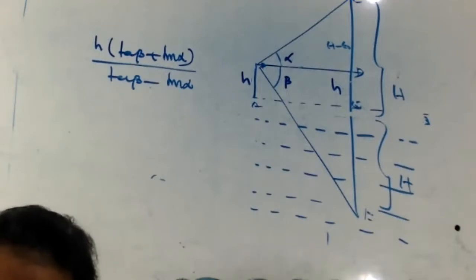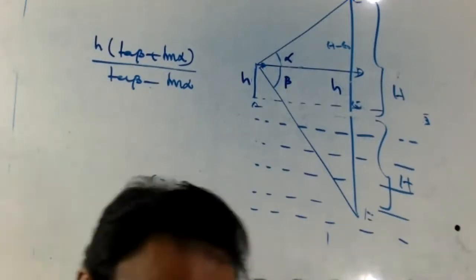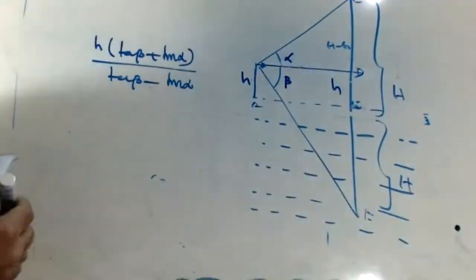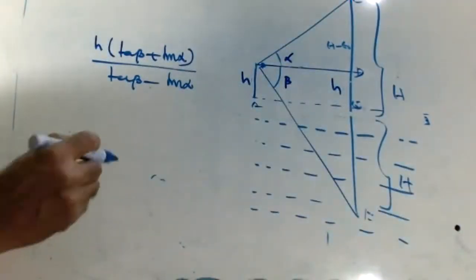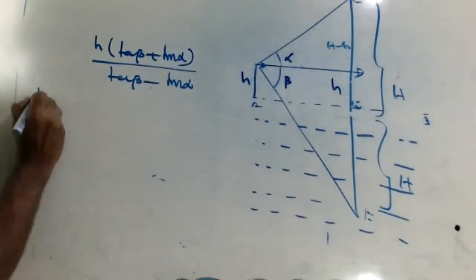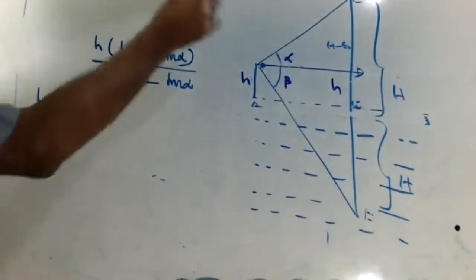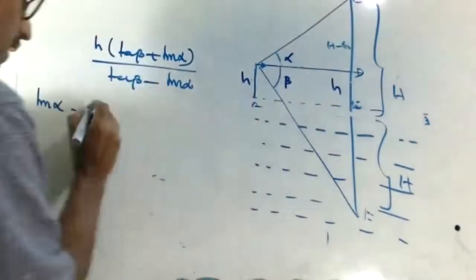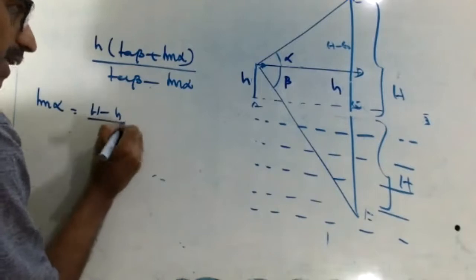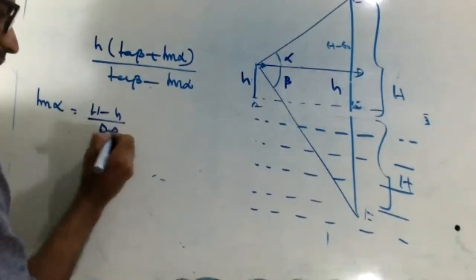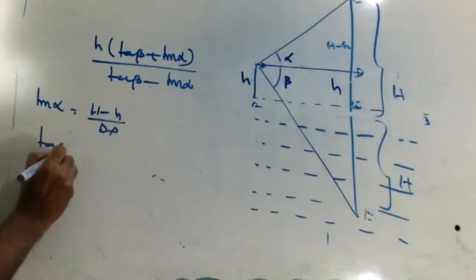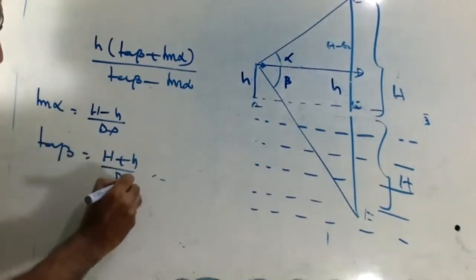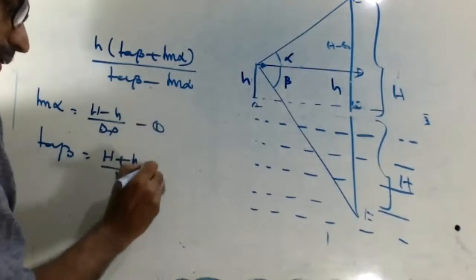Look here. First of all, tan alpha. Explanation all same like previous. Tan alpha is H minus h by DP. Tan beta is H plus h by DP. This is number one, number two.